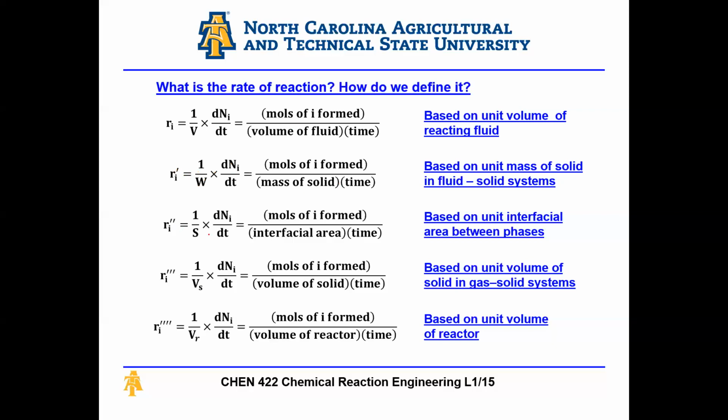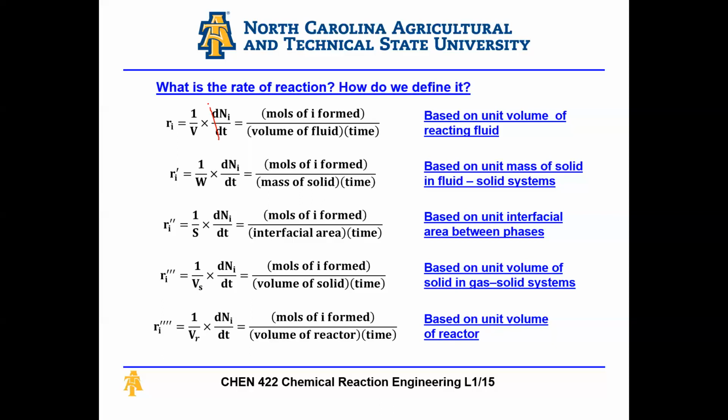Alternatively, you have 1 over S multiplied by dNi by dt, where S is your interfacial area, and in this case your reaction rate is based on the interfacial area between phases. You could have it in terms of volume of solid, so based on unit volume of solid in gas-solid systems, or in terms of volume of reactor, based on unit volume of reactor in your system. However, in all these cases, you can see that dNi by dt is always there, right?